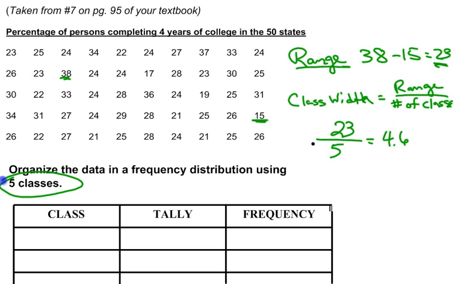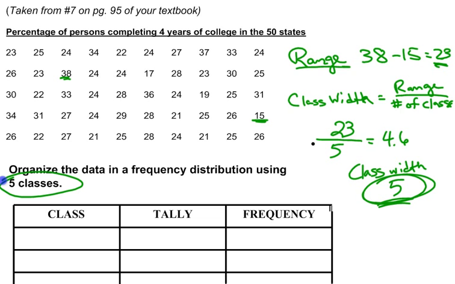If you remember the rule, we're always going to round up to the next whole number. Even if it works out to be a whole number, we're still going to go up to the next whole number from there. So the class width here is 5. And that is important information to know as we set up these classes.